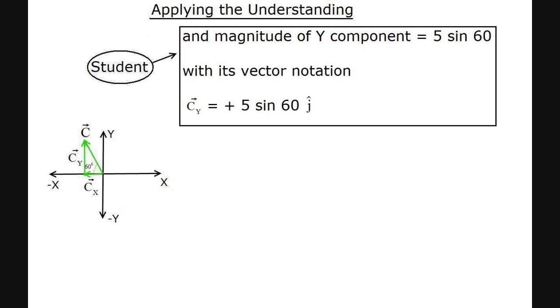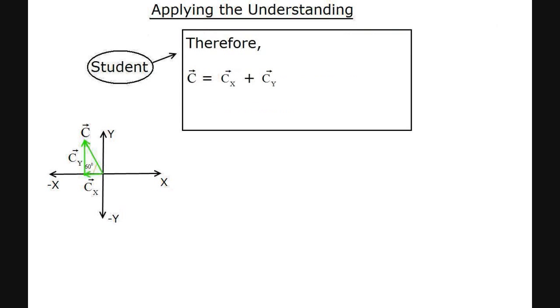With its vector notation, Cy bar is equal to 5 sin 60 times j hat. Therefore, C bar is equal to Cx bar plus Cy bar, which is equal to minus 5 cos 60 times i hat plus 5 sin 60 times j hat.